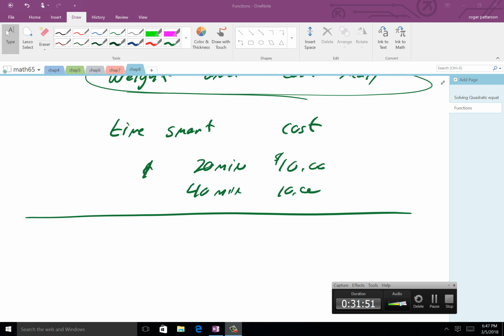Okay, so we're going to solve this. What should we do first? Get the same denominator. What would that denominator be? 10. Now you could do that, or you could just multiply everything by 10, because then those denominators are going to cancel out.